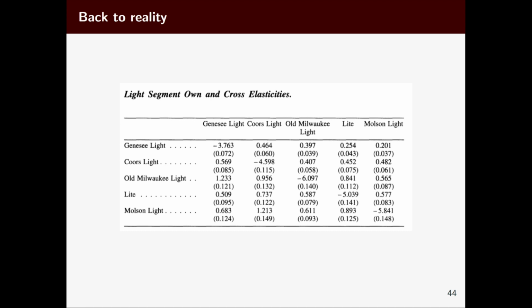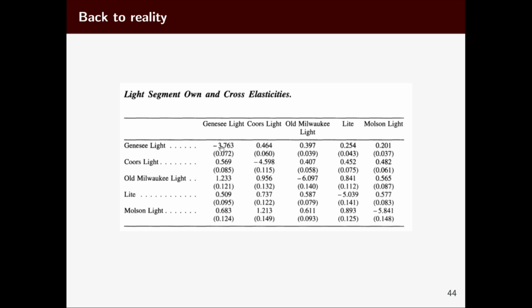Okay, so the result here, at least for Genesee Light, because own price elasticity is elastic, putting Genesee Light on sale is going to increase your revenues. So it's a good idea to put it on sale, or at least it is okay if you put it on sale because it'll increase your revenues. As it turns out, own price elasticity for Coors Light, own price elasticity for Old Milwaukee, whatever is just this generic light, and Molson Light, all of these actually turn out to be elastic.